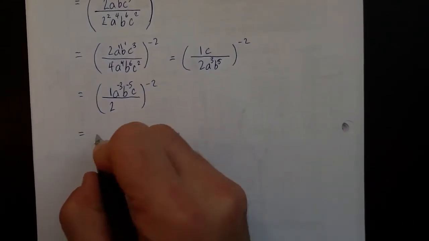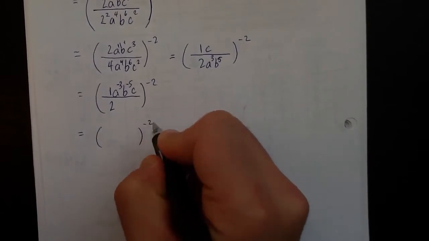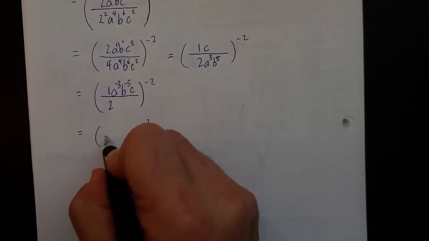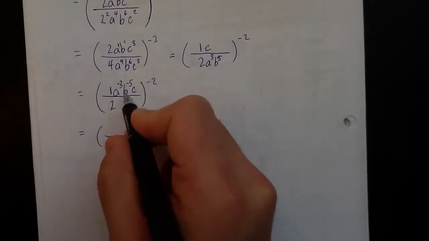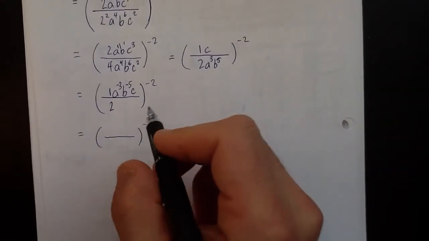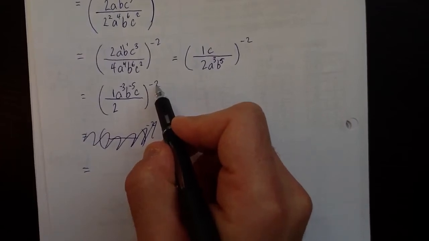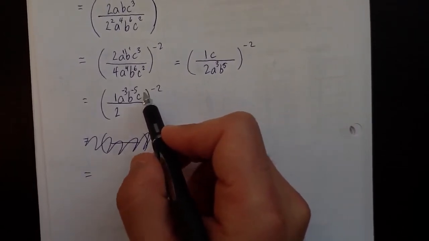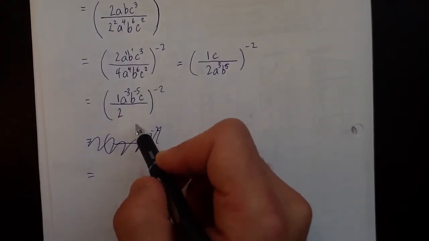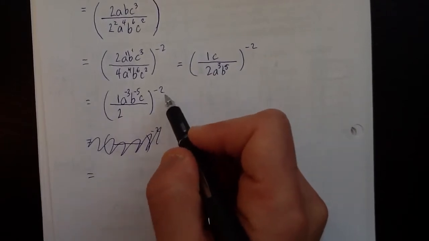Coming back to here though, once I got to here, over here, this thing here, you have a choice of rewriting that, or you have a choice of actually doing this -2 exponent now. Now -2 applies to both top and bottom of this thing here.